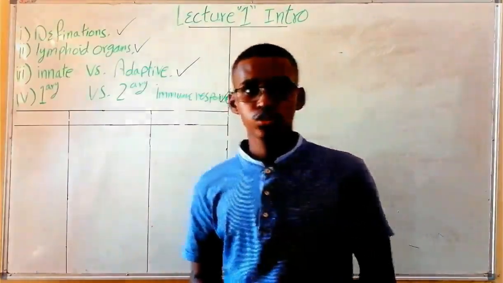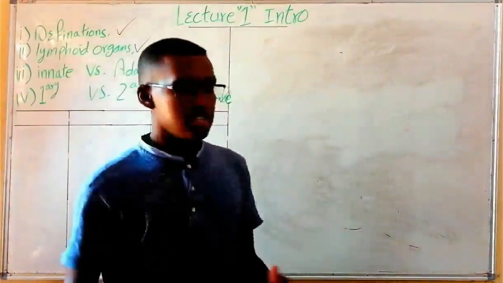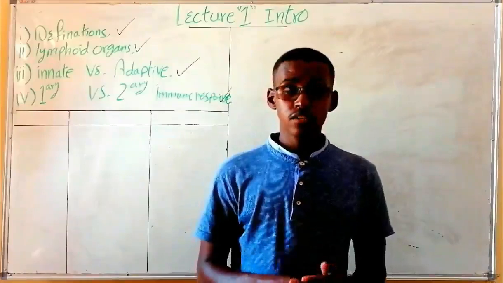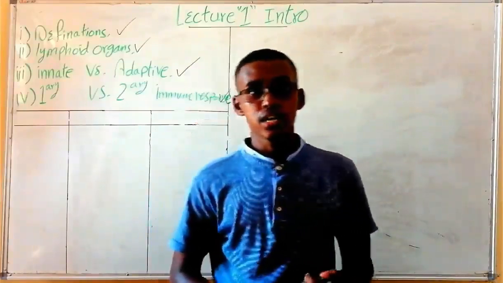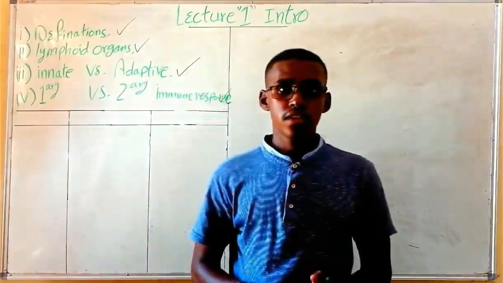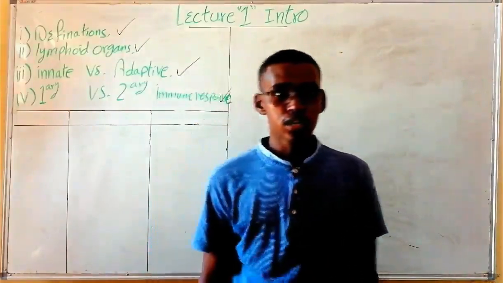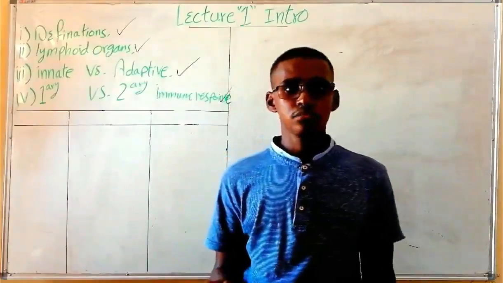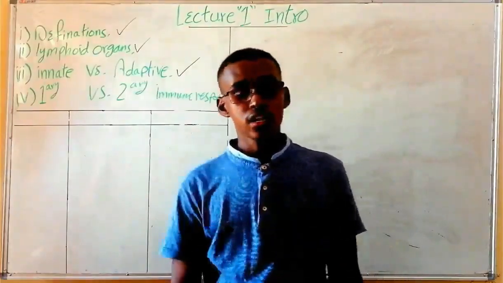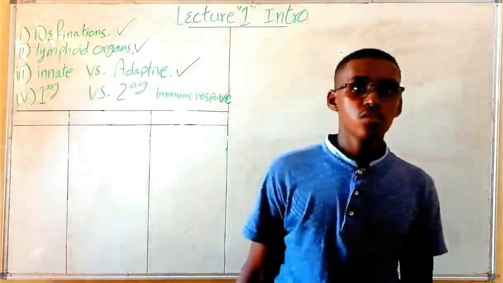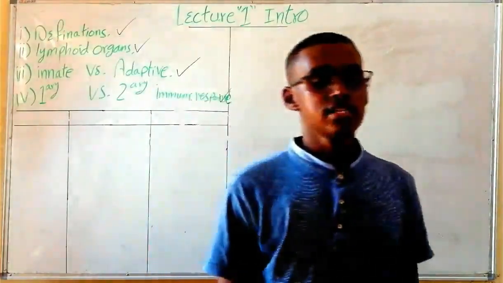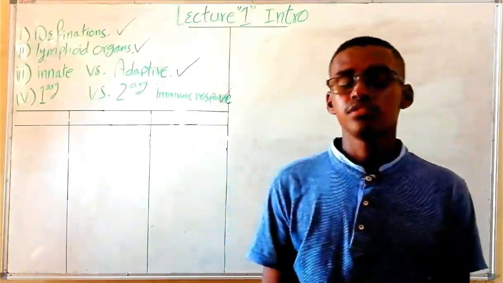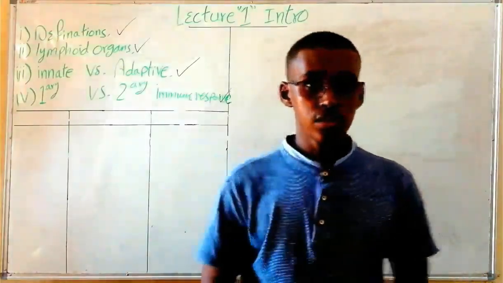But as I've told you in the previous point, there is no training, no development, no specificity for the innate system, and therefore the immune response is constantly the same, whether it's the first time or the second time. So we are just going to focus on the primary and secondary immune response as far as the adaptive immunity is concerned. Okay?